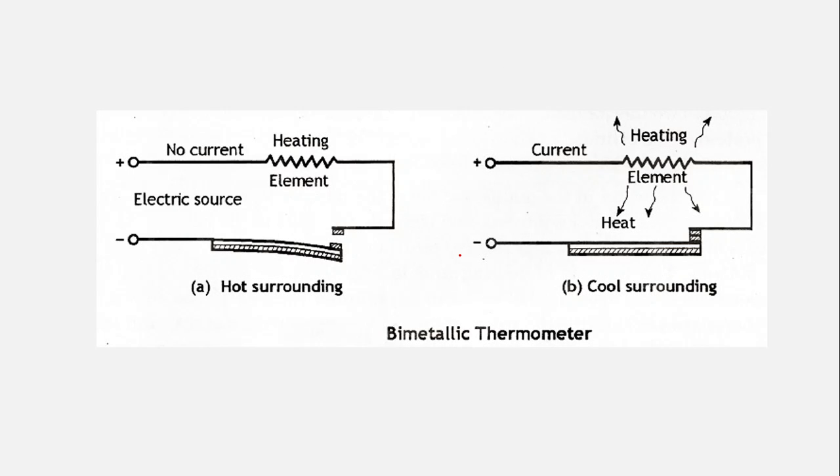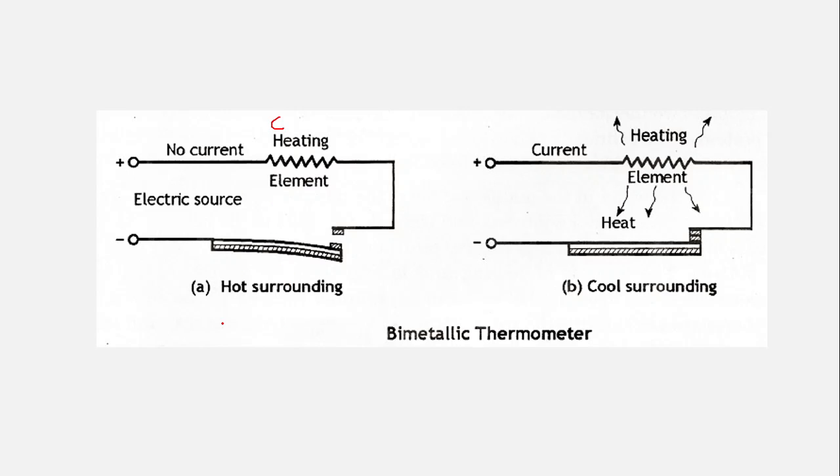So this is how it works. When the surrounding is heated, they join together, and then the heating element starts working. Or it could have been the opposite way, that if the bimetallic strip was attached upside down or in the other direction, then instead of a heating element, we could use a cooling element, like an air conditioner in a hot surrounding.